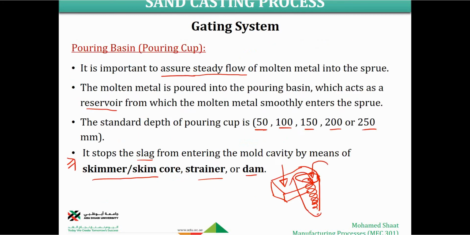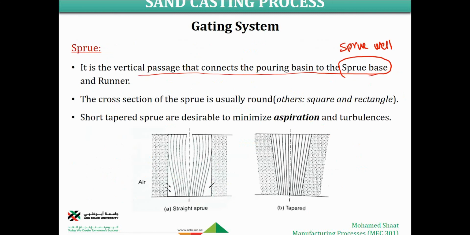Make sense? So it comes between the pouring cup and the sprue well and the runner, because what comes after the sprue well is the runner. So this is the channel that connects mainly the pouring cup to the runner.